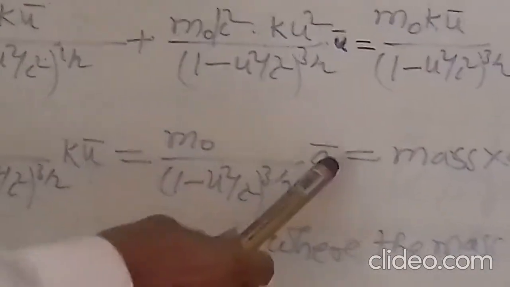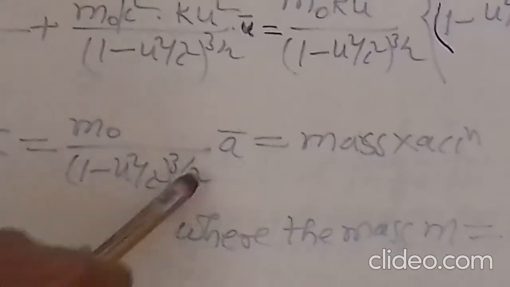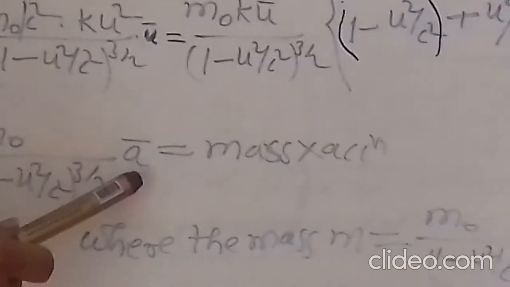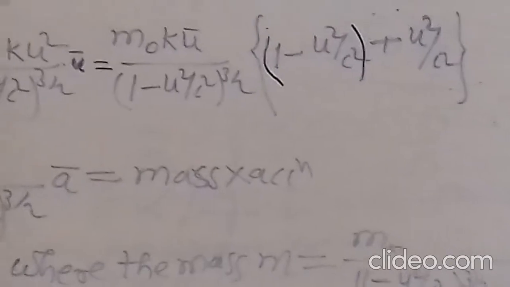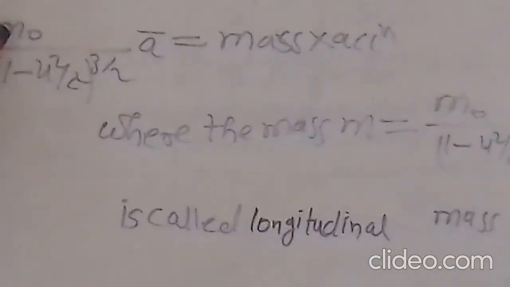But k times u bar is again a bar. So it is m naught upon 1 minus u square by c square raised to power 3 by 2 multiplied by a bar. This first factor is nothing but mass multiplied by acceleration, where this mass m is equal to m naught upon 1 minus u square by c square raised to power 3 by 2, and this mass is known as the longitudinal mass of a particle.